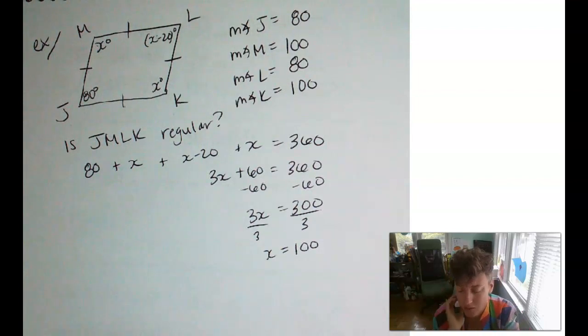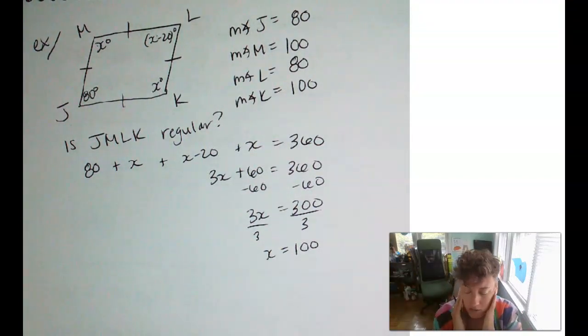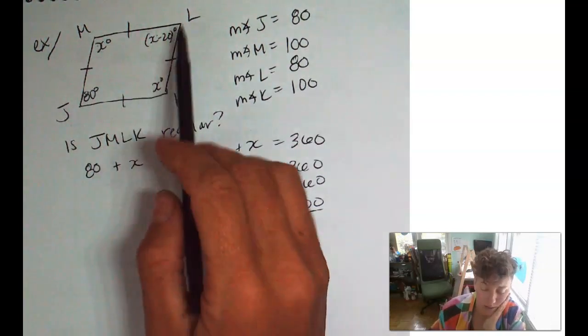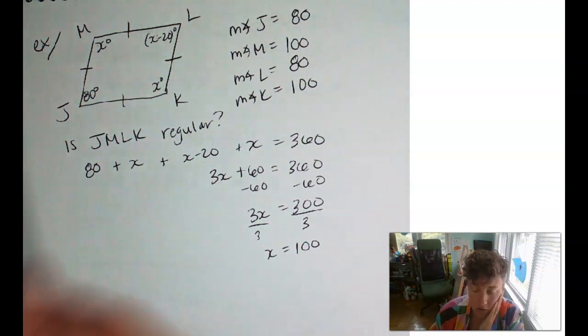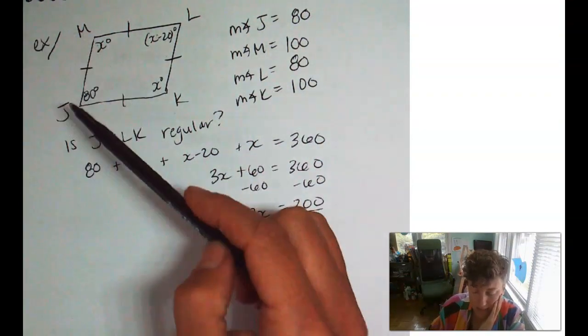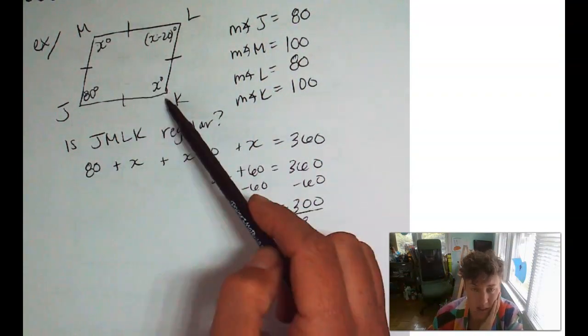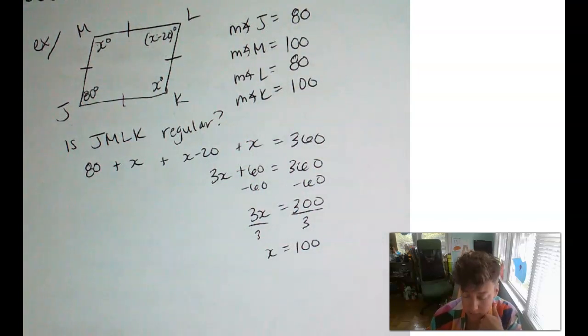So going back to this question, is quadrilateral JMLK regular? No, it is not equiangular. All of its angles are not congruent to each other. In fact, we'll talk about this later, but this shape, where it has all of its sides congruent and opposite angles equal to each other, is called a rhombus.